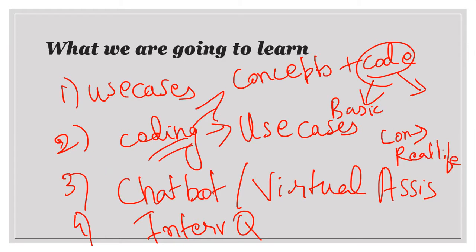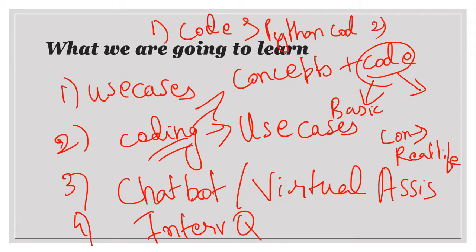So these are the promises I'm going to make you, that after this you will be able to code. You are actually a Python coder. And you will be able to think and you will be able to create your own applications. So without further ado, let's start.